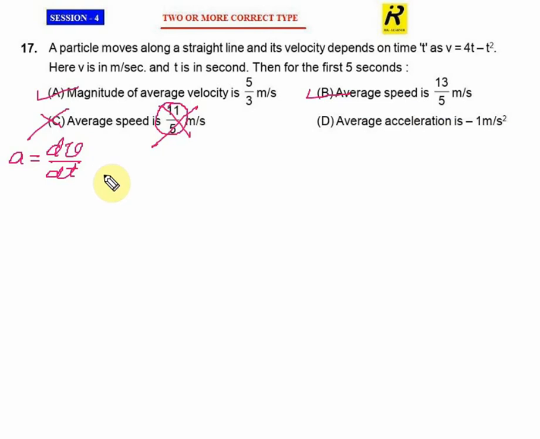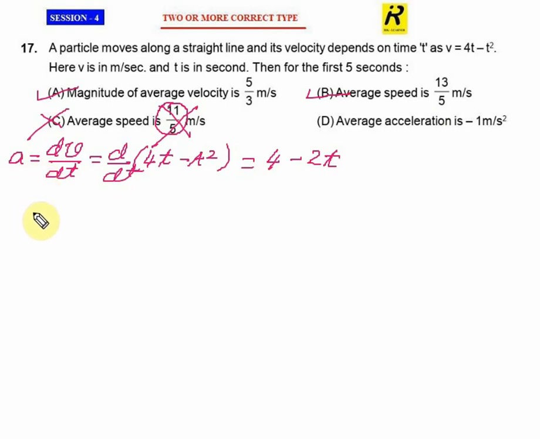So this equals the differentiation of the function 4t minus t square. So this is equal to 4 minus 2t. So this is the expression for the acceleration.